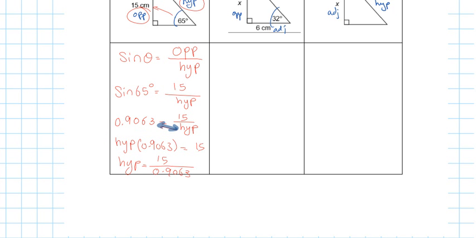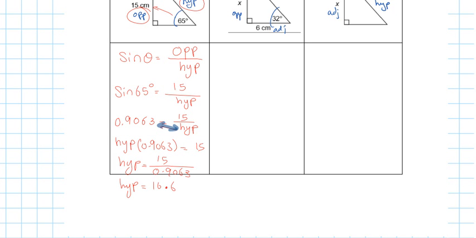All right, what's 15 divided by 0.9063? What is it? 16 point? So 16.6. Because remember that side length should be to one decimal place, and you should round it properly. If it's 16.55, that's 16.6. Now what else do you need to include in your answer?